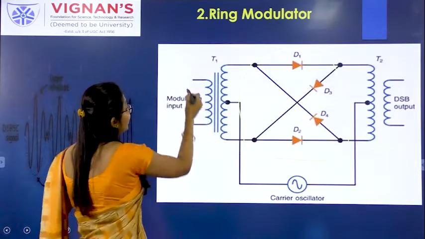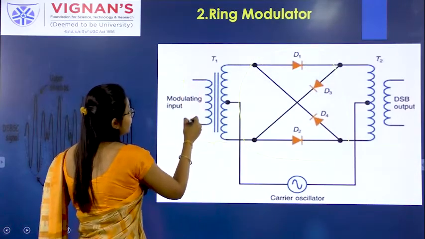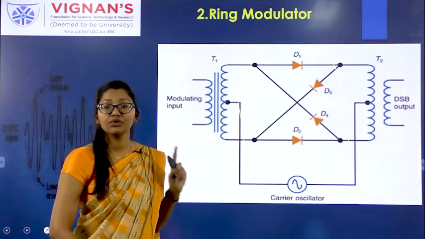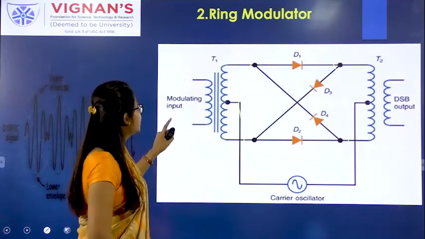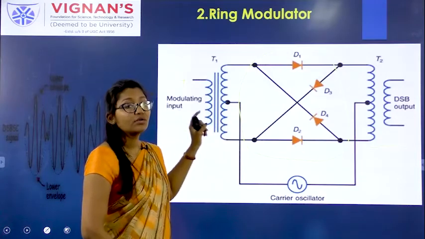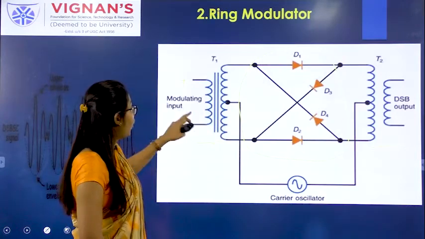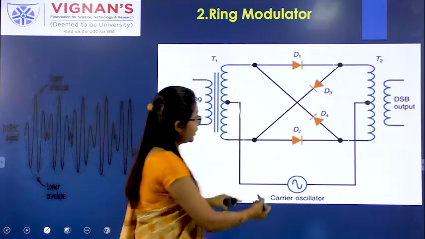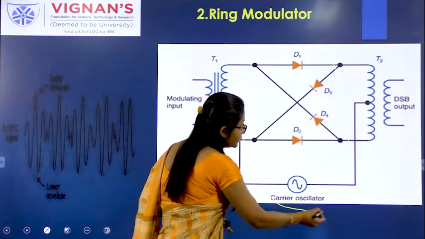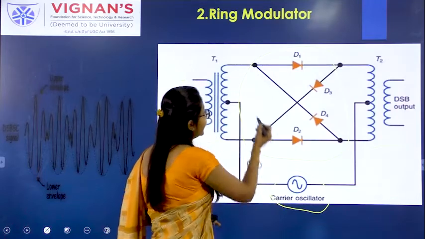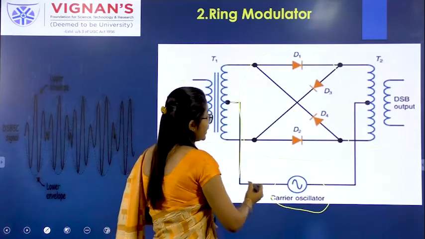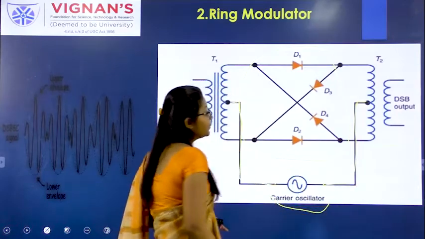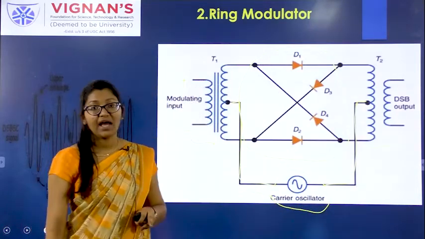Here we are giving a modulating input. To modulate, you have to give the message signal and the carrier signal to your circuit, right? So here I am giving the modulating input at the transformer side, and I am giving the carrier at the center tap transformer. By using this center tap transformer, I am giving the carrier signal.